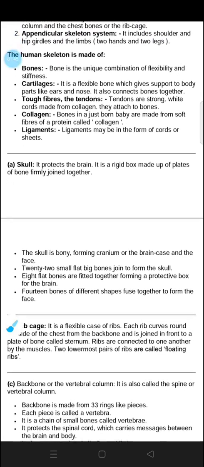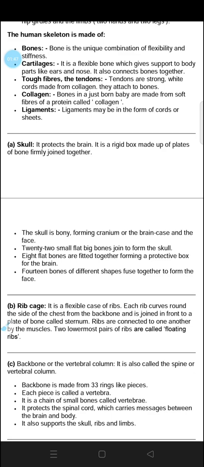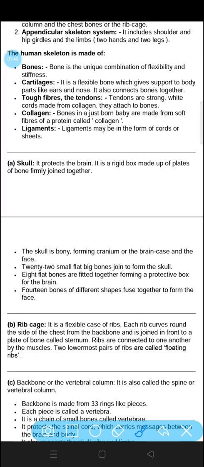What are the different things that our skeleton is made up of? Bones. Bone is a unique combination of flexibility and stiffness. Cartilage is a flexible tissue which gives support to our body, like in the ear and nose. Ear pinna and nose have cartilage in them. It also connects bones together.